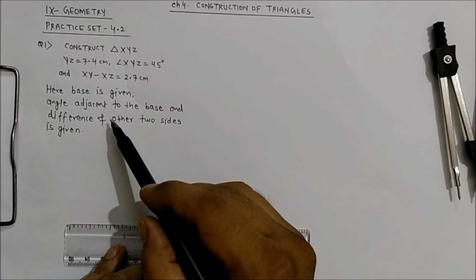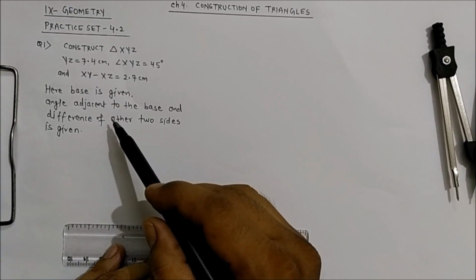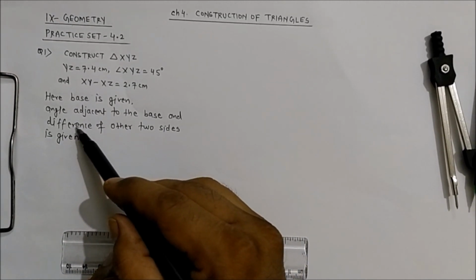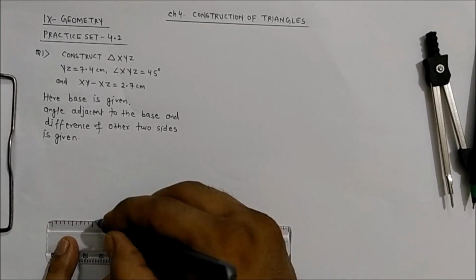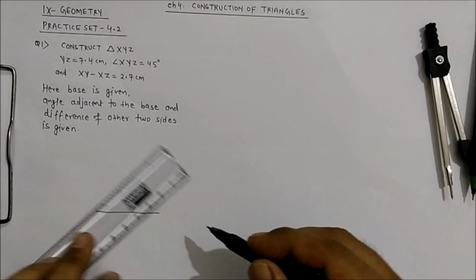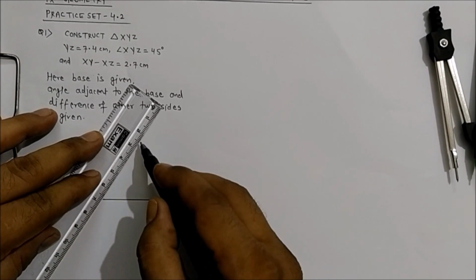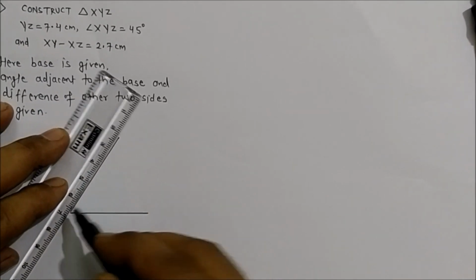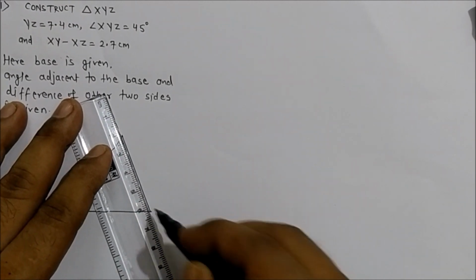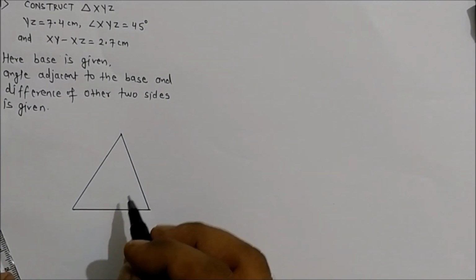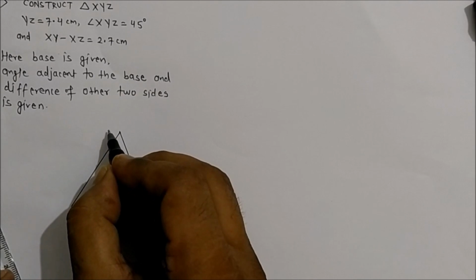Okay, so in the previous construction we have seen the sum of two sides given. Now this is the difference of two sides given. Let us draw a rough figure for that. So we have drawn one triangle, triangle XYZ.